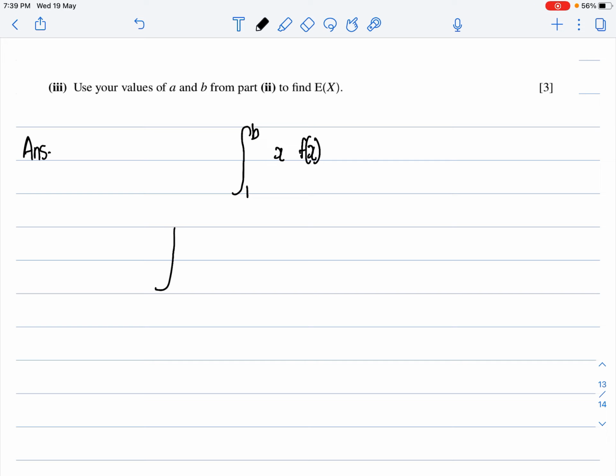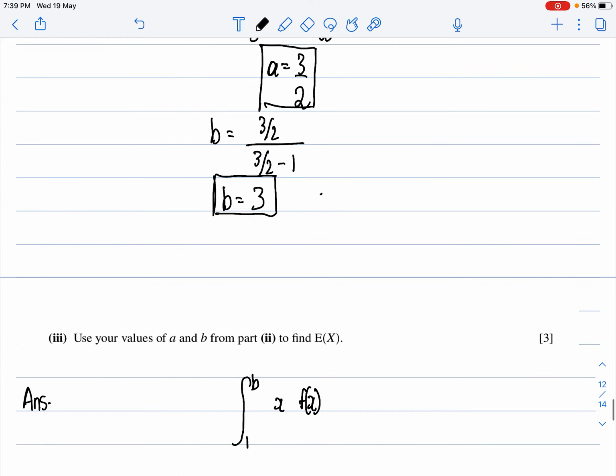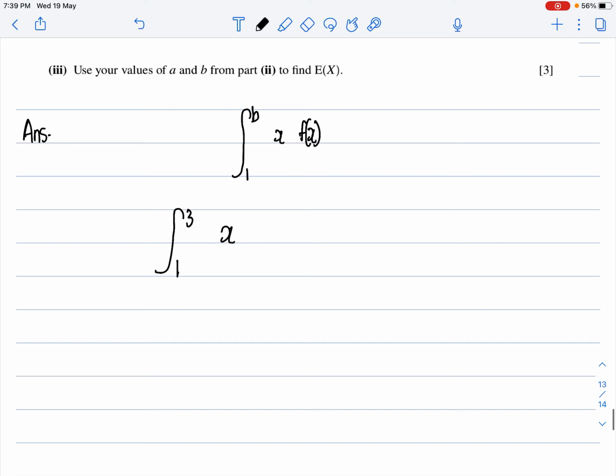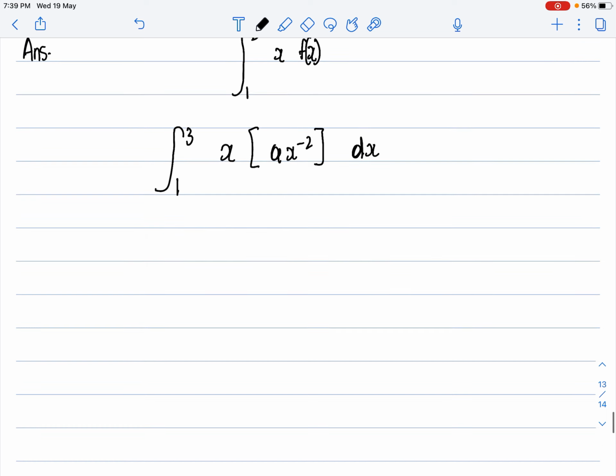So I can integrate this from 1 to 3 because in part 2 I saw that b is equal to 3. So this is x into a into x raised to minus 2 dx. So I can take a outside for some time, with the integration from 1 to 3 of x into x raised to minus 2 dx.